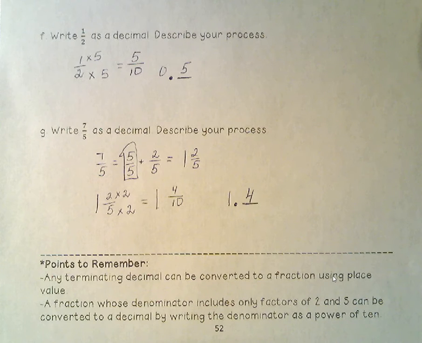A fraction whose denominator includes only factors of 2 and 5 can be converted to a decimal by writing the denominator as a power of 10. Okay, that we didn't cover, but we can see that every terminating fraction can be converted to a decimal, but that fraction has to have only factors of 2 and 5. Otherwise, it might not work. Okay, that is for you to remember.